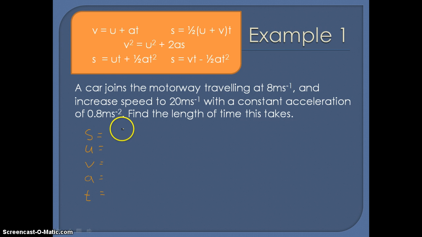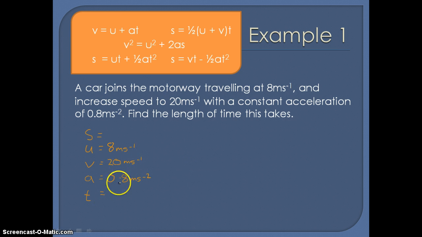We've been told that the car joins the motorway travelling at 8 meters per second, so that will be our initial velocity. Increases speed to 20 meters per second, so 20 is our final velocity. And it has a constant acceleration of 0.8 meters per second squared.